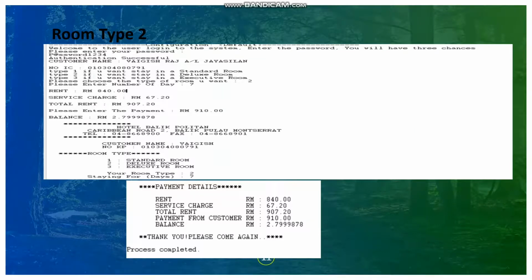Then the amount of payment we will pay. For example, if we pay 910 ringgit, our balance will be 2 ringgit 79 cents, or 80 cents. So each room has different payments, rent charge, and so on.